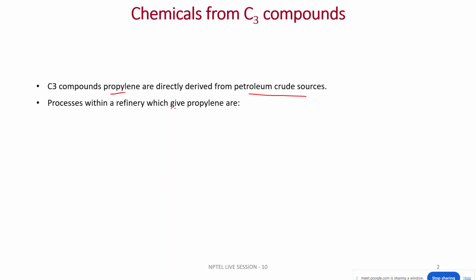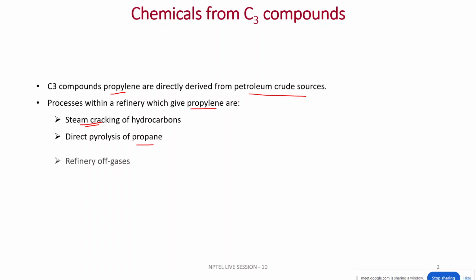Processes within a refinery which give propylene as a product are steam cracking of hydrocarbons, which is an important process, and direct pyrolysis of propane. It also gives propylene as a product, and we also get a lot of propylene in the refinery gases.